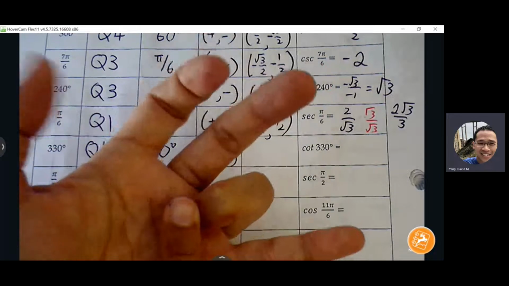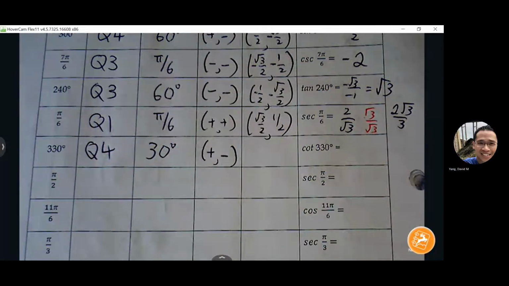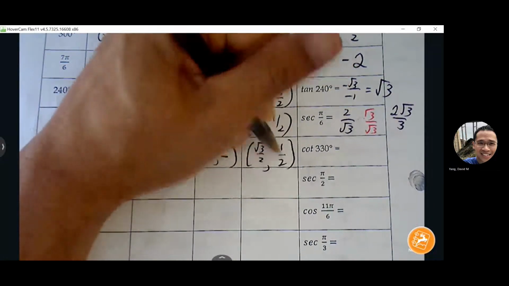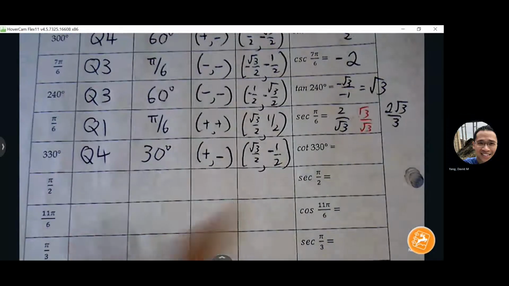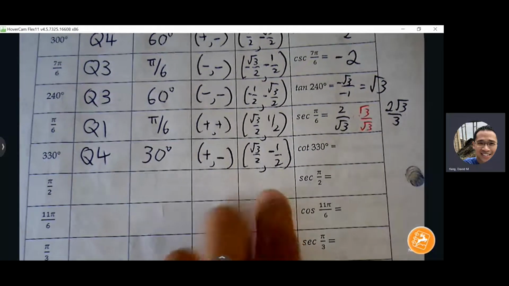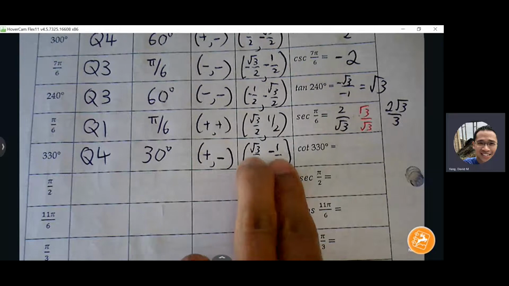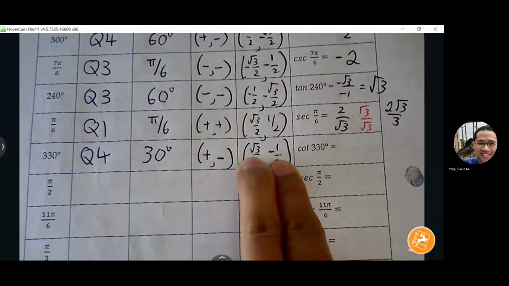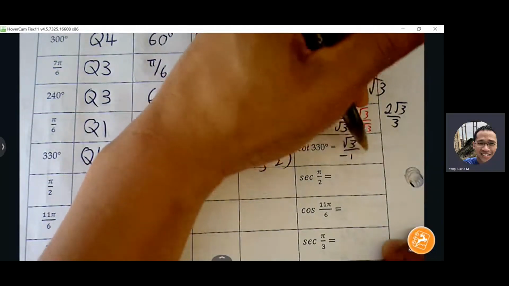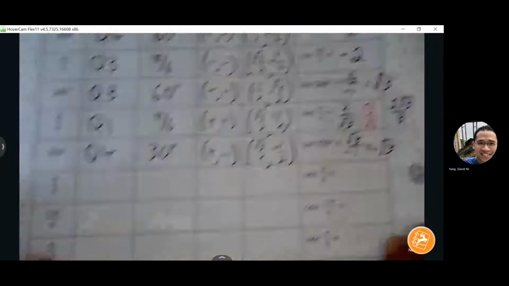Here, root 3 over 2, and with a negative. Okay, cotangent. What's the strategy? What's the formula for cotangent? X over y. So cover up the 2's. What do we get? Root 3 over negative 1, which is negative root 3.